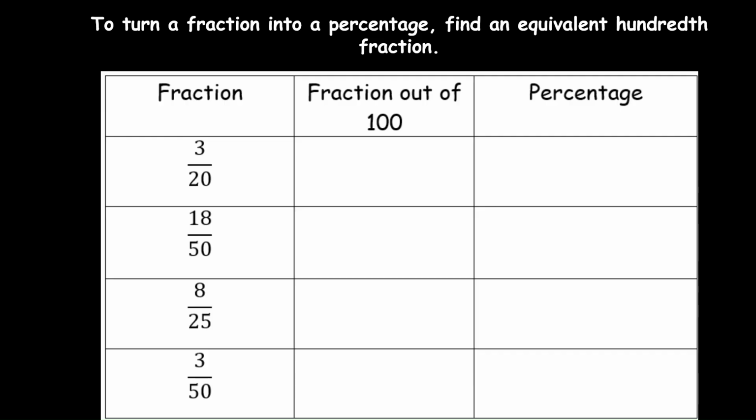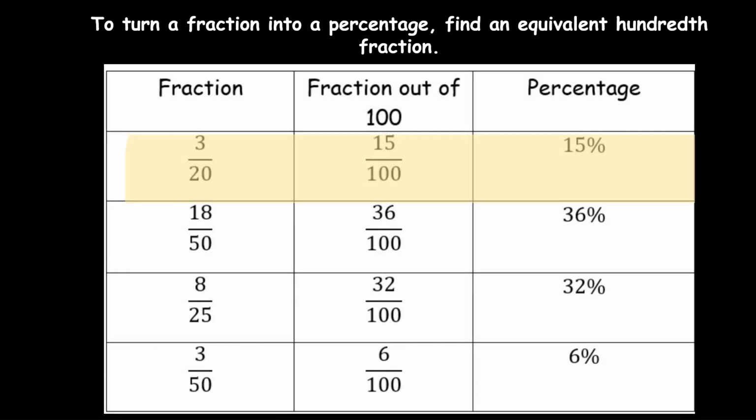So the first fraction, 3/20ths, becomes 15 hundredths, which is equal to 15%, as 15 out of 100 would be 15%. 18/50ths becomes 36 hundredths, which is 36%. 8/25ths becomes 32 hundredths, which is 32%.